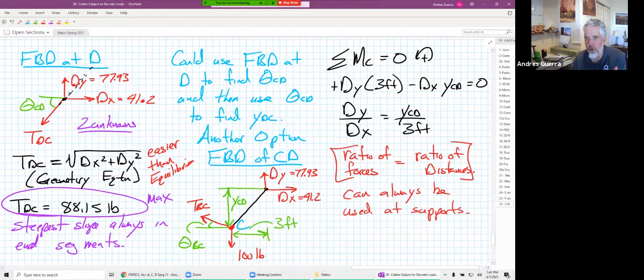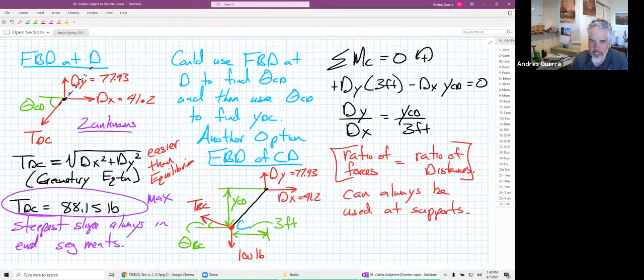If you know the ratio of your distances, or the ratio of your forces, you can use those ratios to find the other one, which comes just from an FBD. And that's why I wanted to show you this other option of C to D.